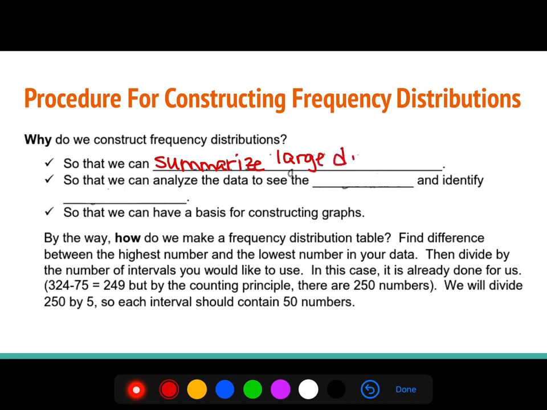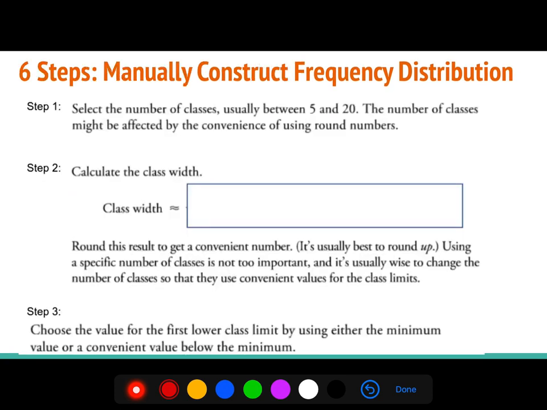It's so we can summarize large data sets, so we can analyze the data to see the distribution and identify any outliers, and that way we can have a basis for constructing our graphs as well.